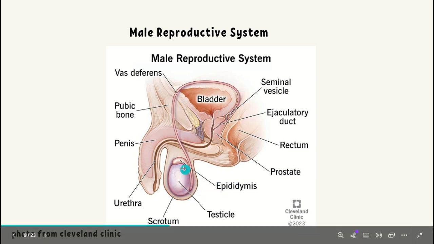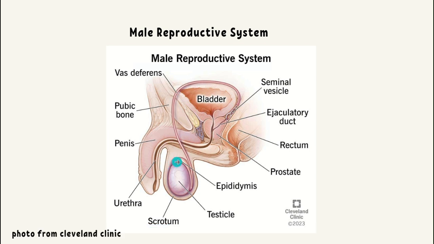This is the epididymis. So what the vas deferens does is that it carries sperm from the epididymis to the seminal vesicles, right? So look at it. It's carrying the sperm from here to the seminal vesicles, right?